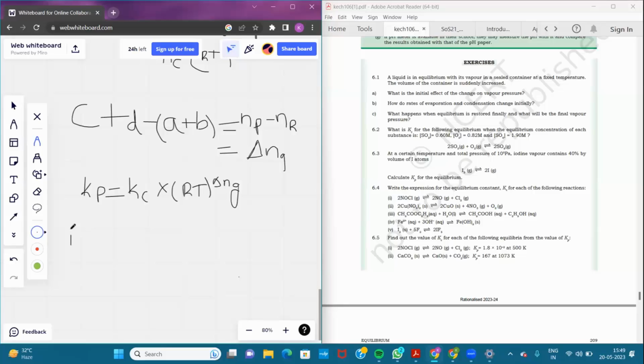So we can substitute for the first reaction. We are given Kp as 1.8 into 10 power minus 2, and the temperature is mentioned to be 500 Kelvin. Consider the units here as atmosphere, atm.